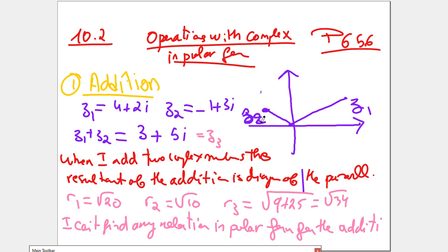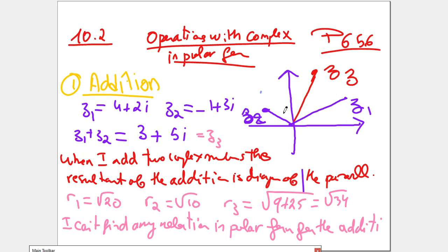If I'm adding those two complex numbers, I need to add the real parts together and the imaginary parts. So I will have a new complex number z3, somewhere here. If you find the modulus of z1, z2, and z3, you cannot find any relation. z1 plus z2 gives me the diagonal if I take it as a vector.